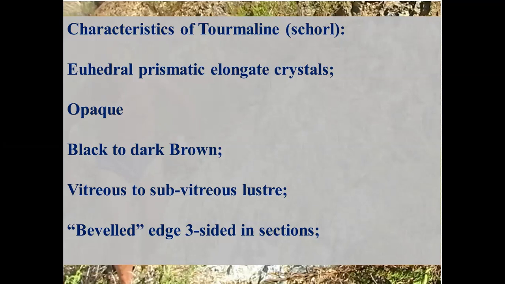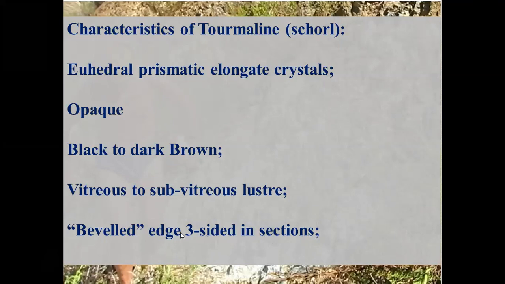But the important things about the crystals: they're euhedral and they're prismatic, and they have this elongate shape. And talking about shape, I mentioned this three-sided section. So we've got a basal section. I've got these three-sided, and the edges are beveled.